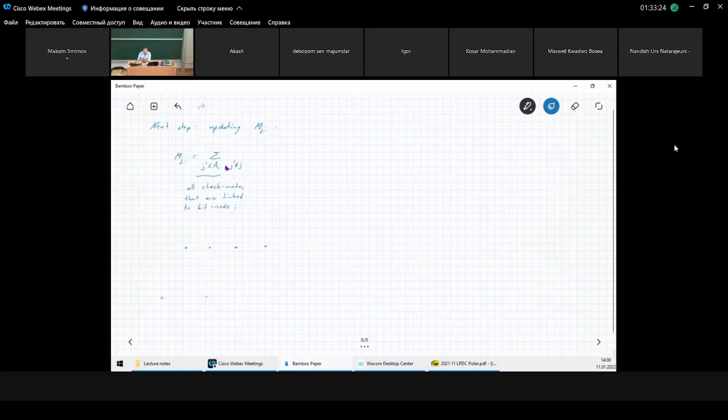To have an example here. So we have all check nodes that are linked to one bit node. Consider this bit node here and assume here a couple of check nodes which are linked. So here we would have I being, for example, and then this here would be A2.